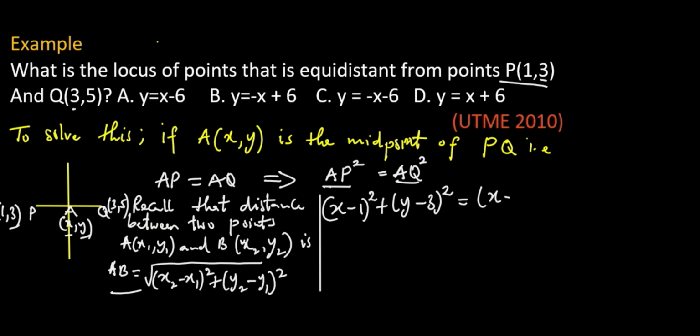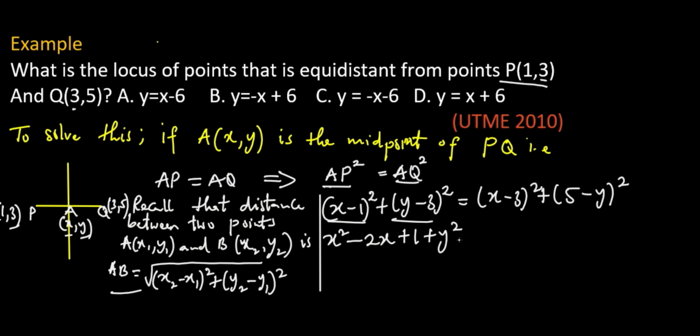We do the same thing for AQ, which is x minus 3 squared plus y minus 5 squared. Anyhow, we can even use y minus 5, everything squared. Once it's a square, it will give us the same thing. Arrangement doesn't matter in that instance. So to do this, we say x squared minus 2x plus 1.